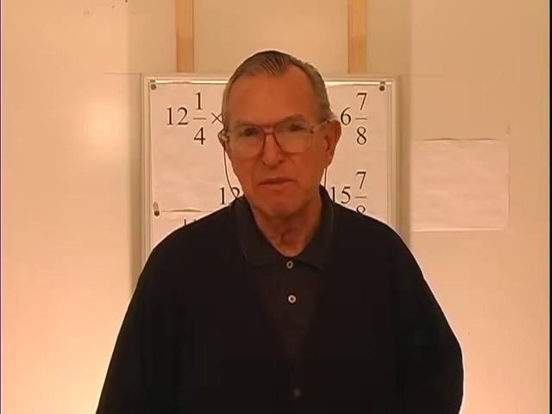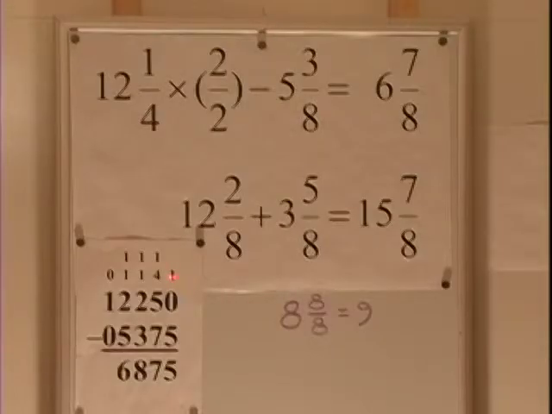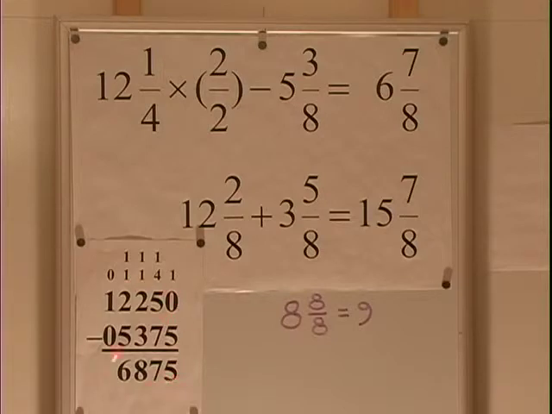We want to subtract a mixed number. Here's our original problem. 12 point, as a decimal fraction, 12.250 translates into 12 1/4. 5.375 translates into 5 3/8.